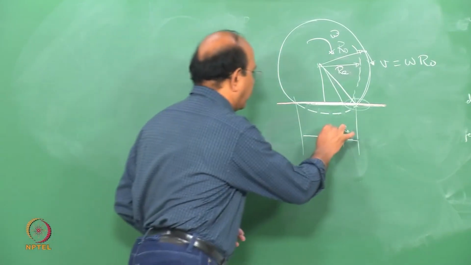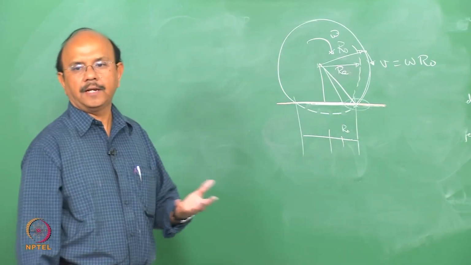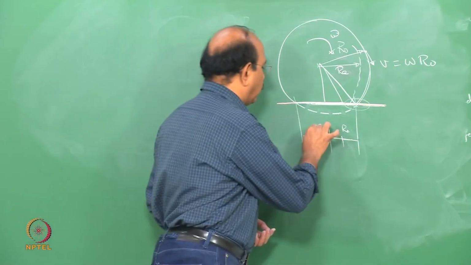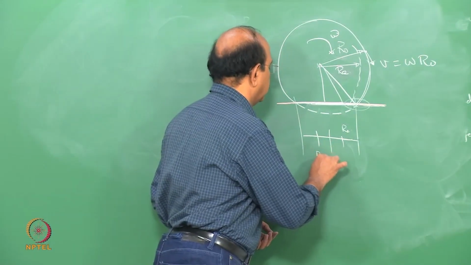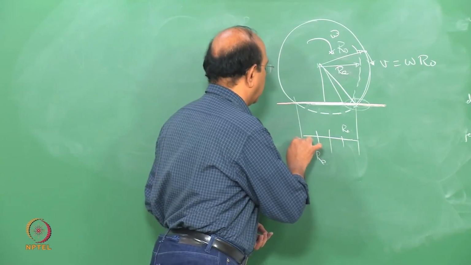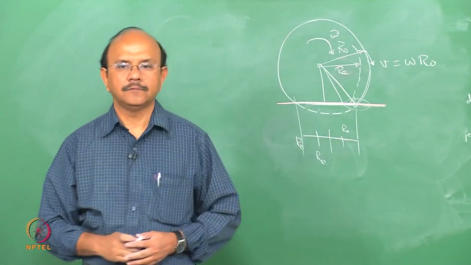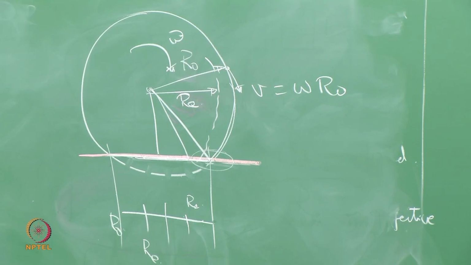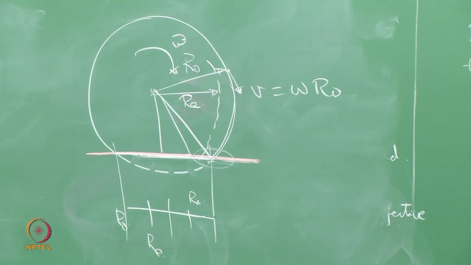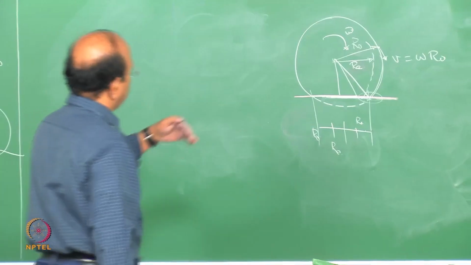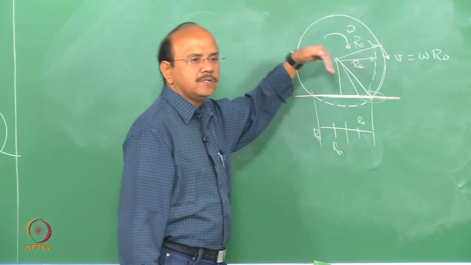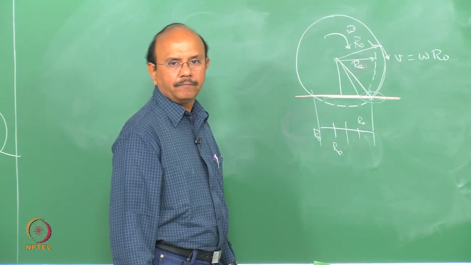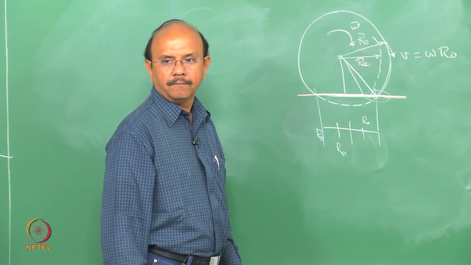And somewhere at this point or the center I am at RL. Again as I go back I have RE, and as I go out I am at R naught. So there is a continuous variation of radius from R naught back to R naught. Clear? Okay.